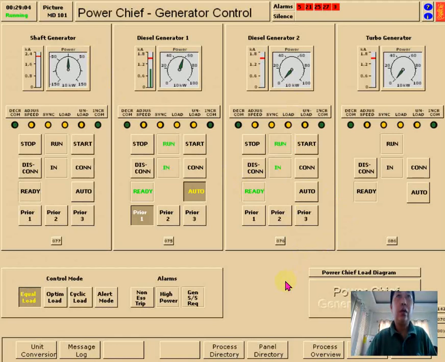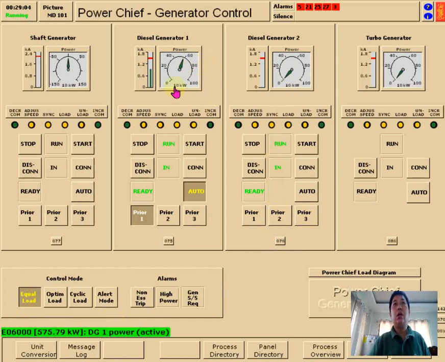If we put this one in automatic and priority, since we put in equal load sharing, it will automatically go up in load on DG2 and automatically decrease the load of DG1, and you will have load sharing. That is automatic load sharing.